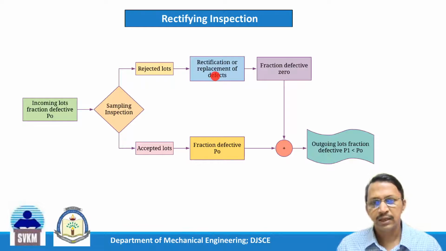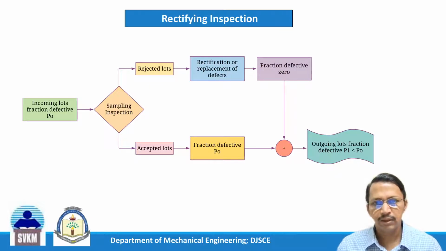So rectification and replacement is carried out. All of the components in the rejected lots are inspected, that is, they are subjected to 100% inspection, and the defectives are either replaced or rectified, and then they are passed on directly to the consumer.